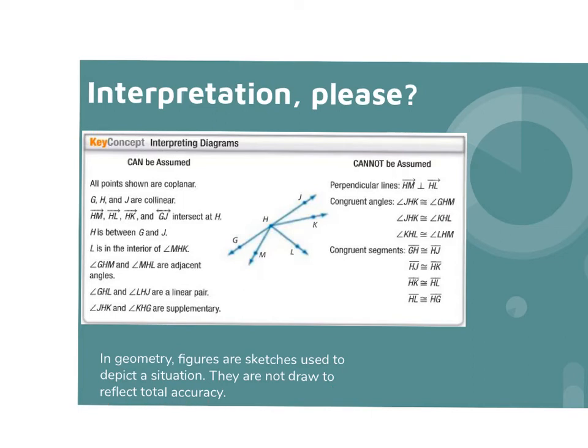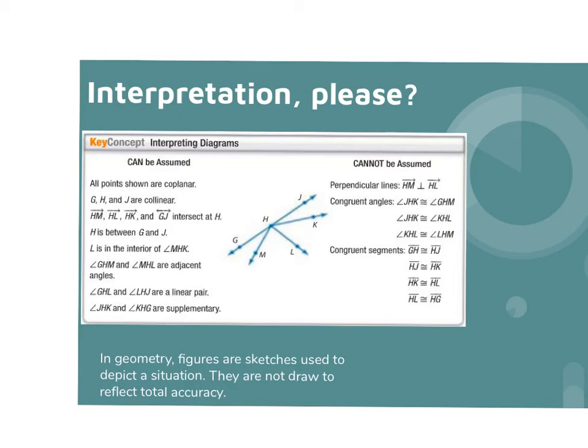So, for example, from this diagram, we can assume that all points are coplanar, meaning they are all on one plane. We can assume that G, H, and J are collinear on the same line. We can assume that all of these lines and rays intersect at H. We also can assume that H is between G and J.